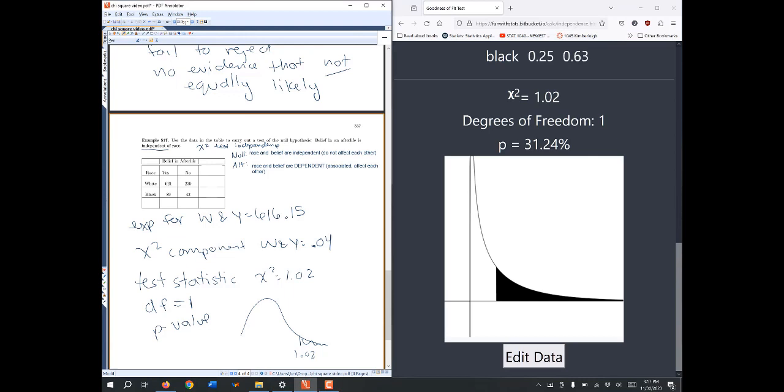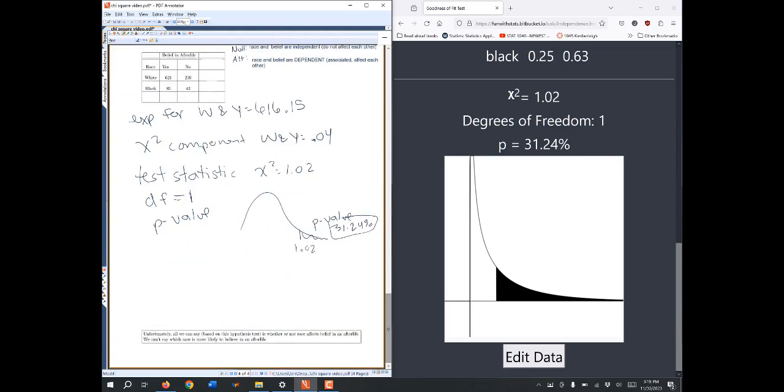And it tells me that my p-value is 31.24%. I don't know why every example on here had big p-values, but now I can type up my results.